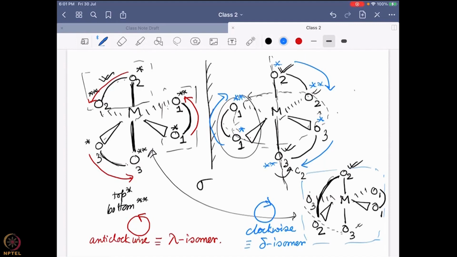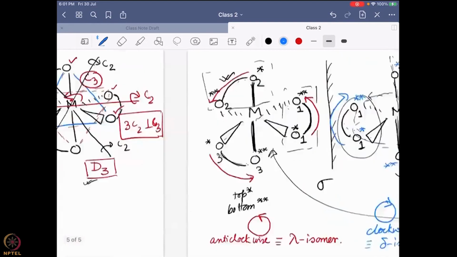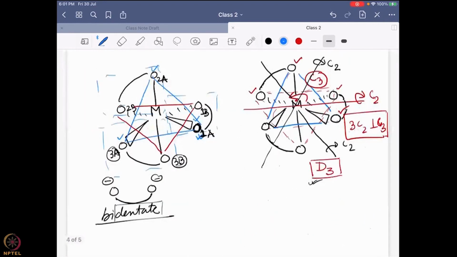Over here, this molecule is called a delta or lambda isomer, no matter whether the C2 axis is present or not. Here the C2 axes are present because both ends of the ligand are the same. That may not be the case if both ends are not the same.